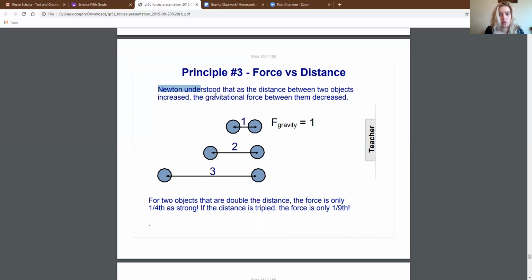So Newton understood that as the distance between 2 objects increased, gravity decreased. So again, we would see 3 as the least amount of gravitational attraction.